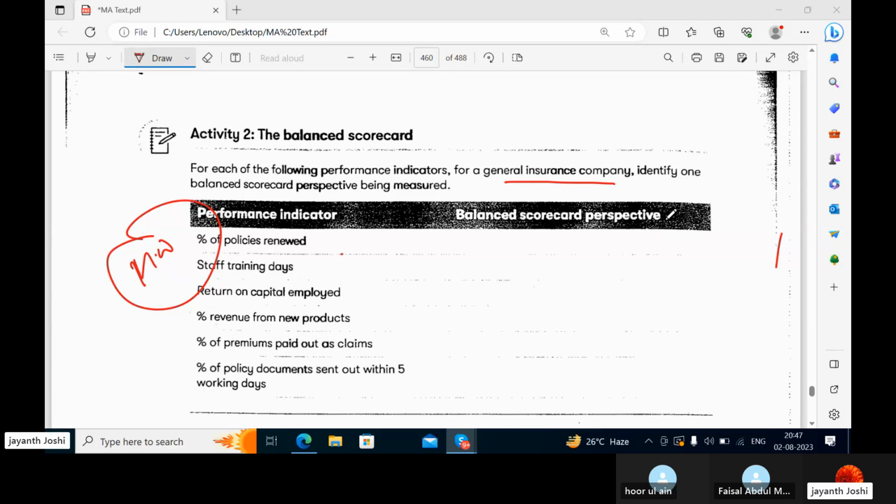Performance indicator, balanced scorecard perspective. Percentage of policies renewed. It is from whose perspective? Customers, correct? Staff training days. It is from whose perspective?